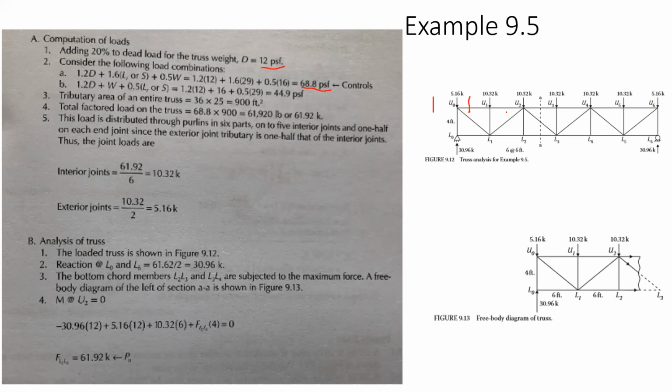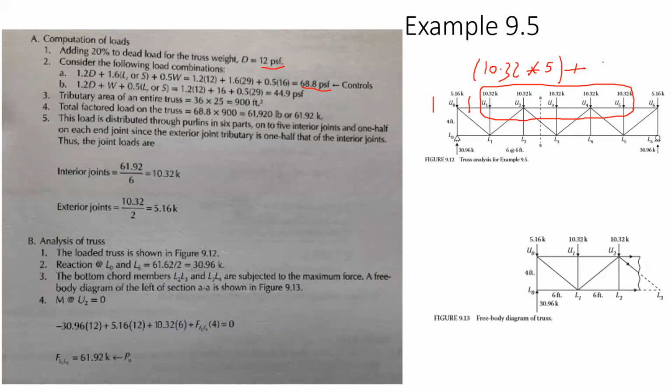So then we divide the 61.9 kips by 6, because the 5 interior purlins plus the 2 exterior halves add up to 1. Imagine those are the 5 that carry all the load. So we have 10.32 times 5, because there are 5, right?